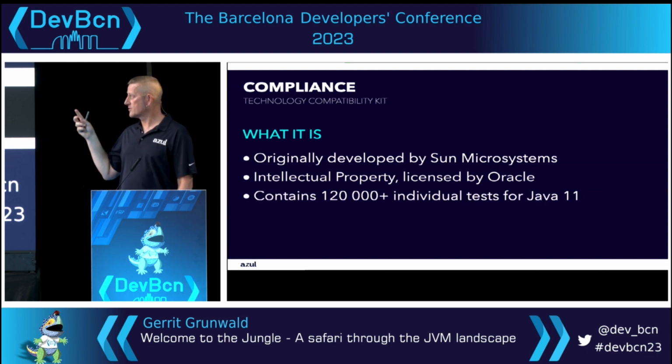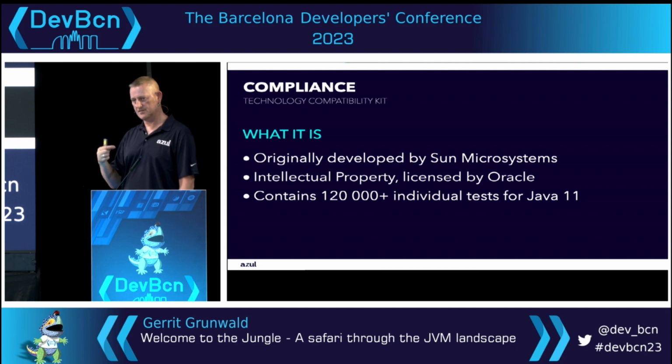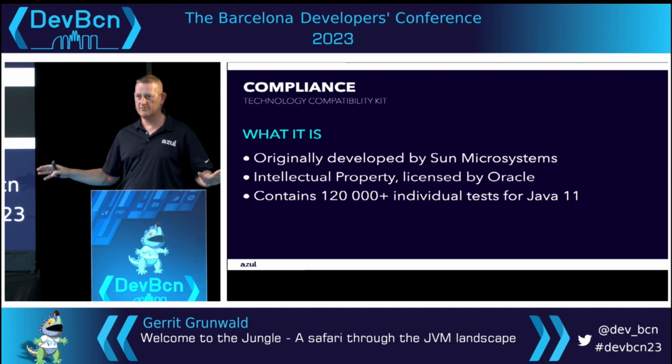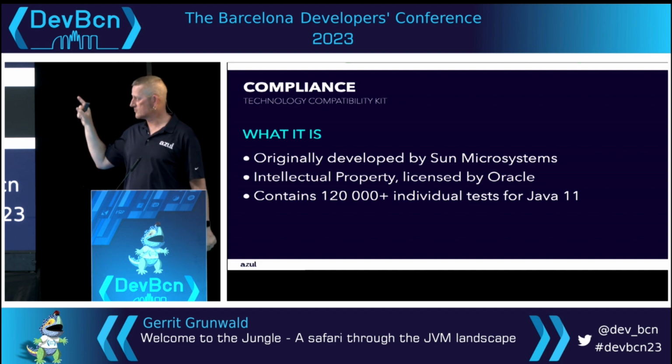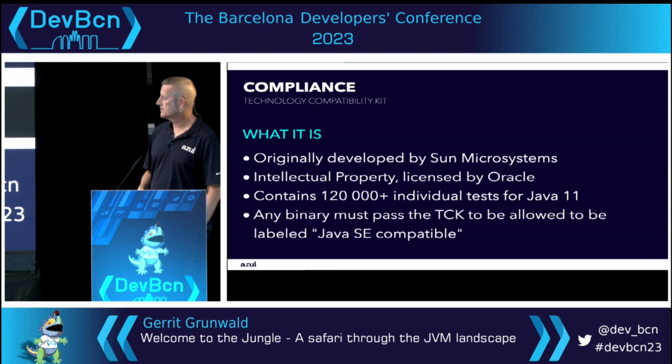It contains, for example, more than 120,000 tests for JDK 11, and it really tests Java, that means the implementation itself. And to run that test, you need to have installed a sound card. You have to have a printer, a CD-ROM. Everything that is supported by Java, you have to test to pass the TCK, to get the TCK approval.